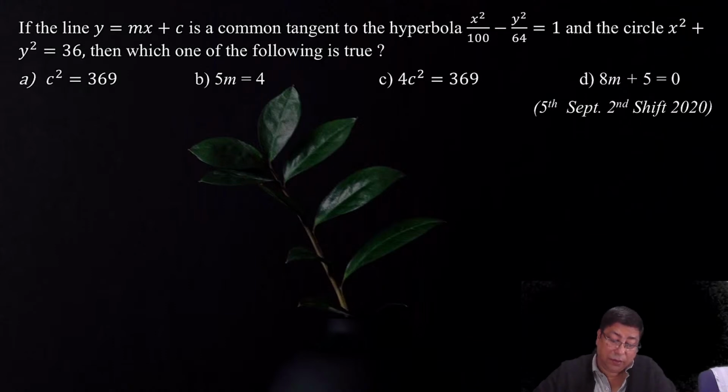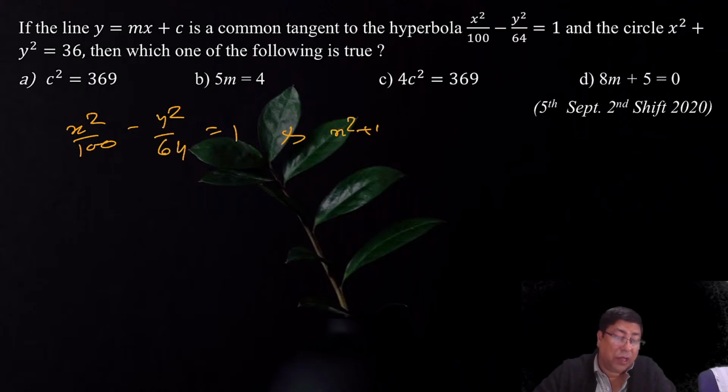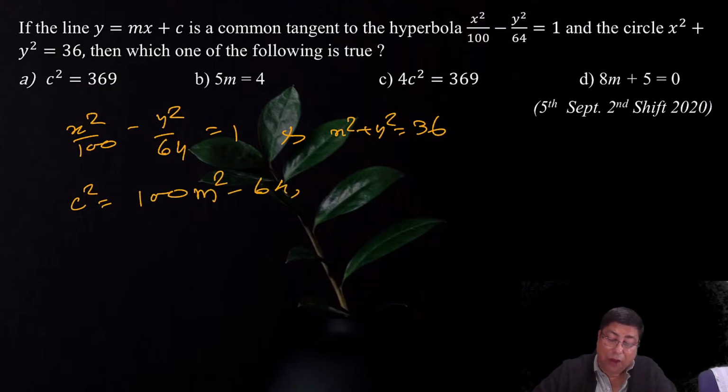Therefore, we can write x square by 100 minus y square by 64 equal to 1 and x square plus y square equal to 36. Therefore, we can say c square equal to a square m square minus b square for the hyperbola, and for the circle c square equal to a square m square plus b square.